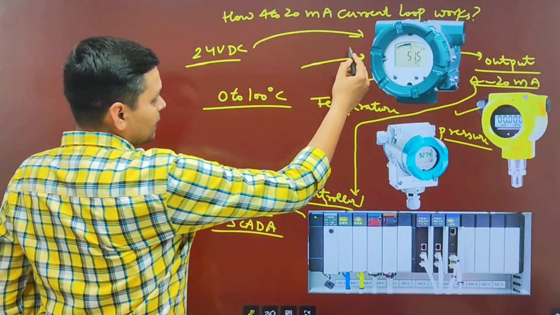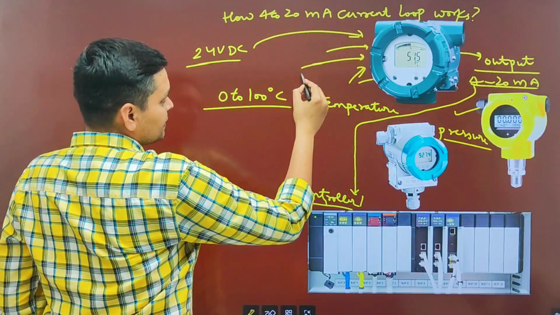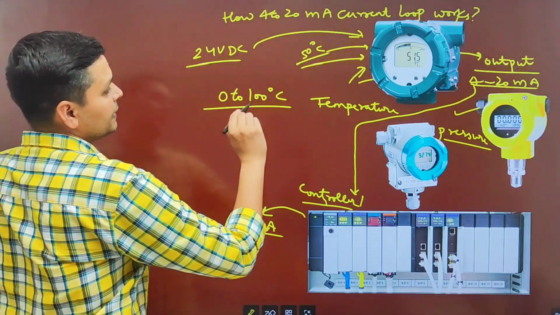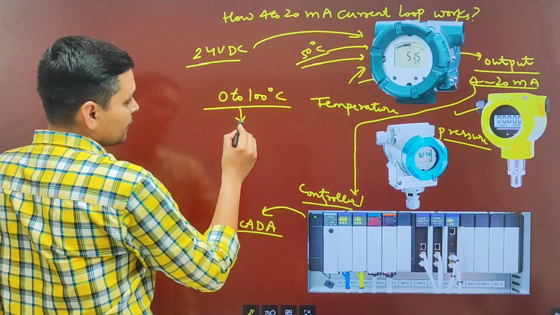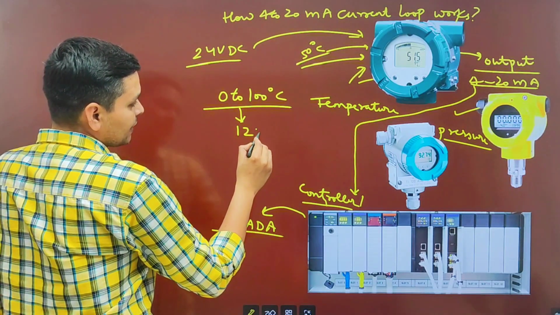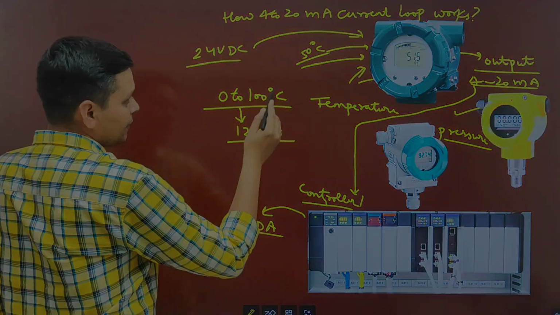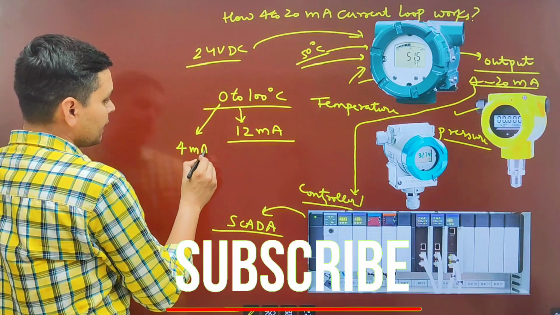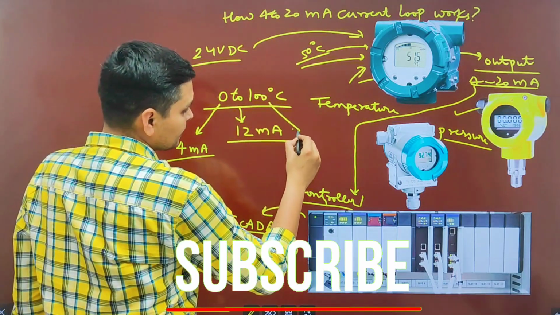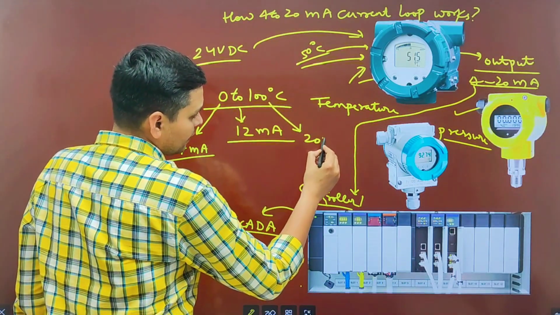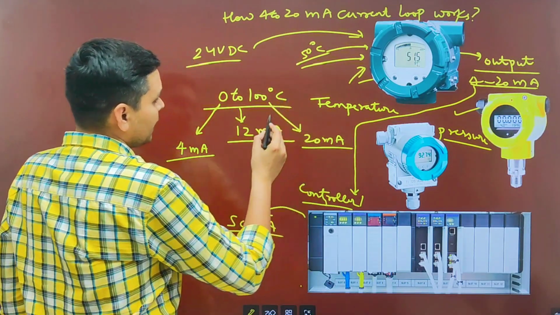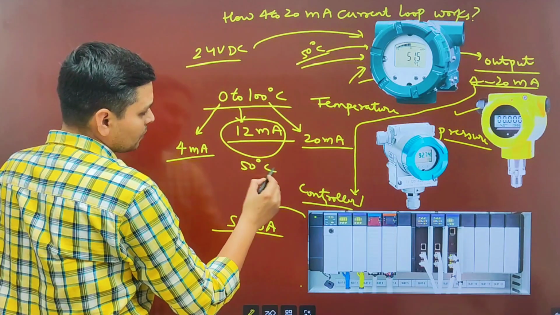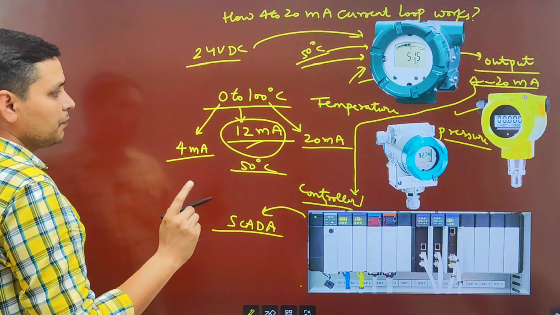Now suppose the temperature is 50 degrees Celsius. According to 50 degrees Celsius, this transmitter will give 12 milliampere. At 0 degrees Celsius, its output will be 4 milliampere, and at 100 degrees Celsius, its output will be 20 milliampere, and at 50 degrees Celsius, its output will be 12 milliampere.